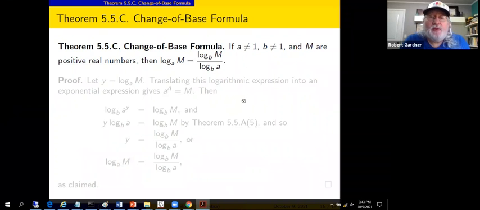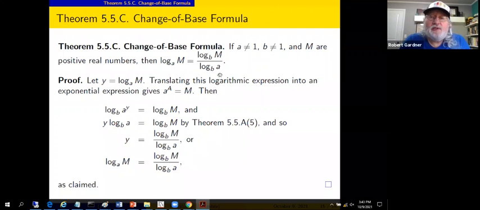For example, let's actually go through the proof of that. Straightforward. We want to establish this proof. So first, let's introduce y equals log base a of m. And let's translate this log expression into an exponential expression. This is how we prove most of the stuff we've done in this section. y equals log base a of m means a to the y power equals m.